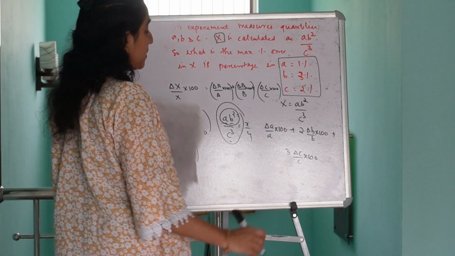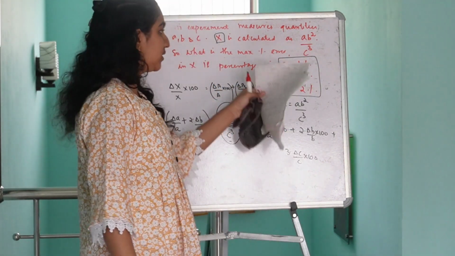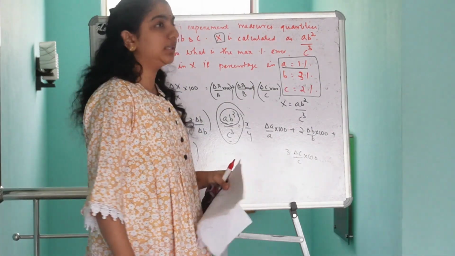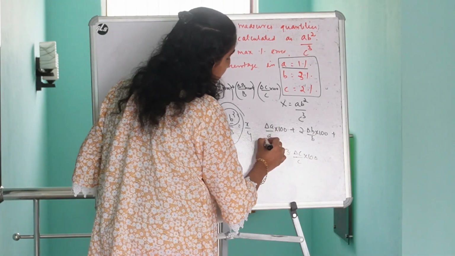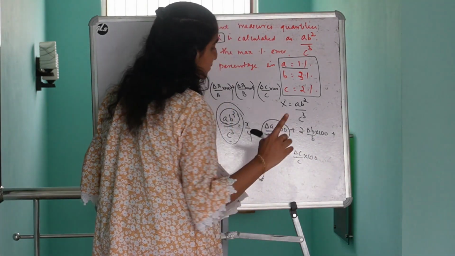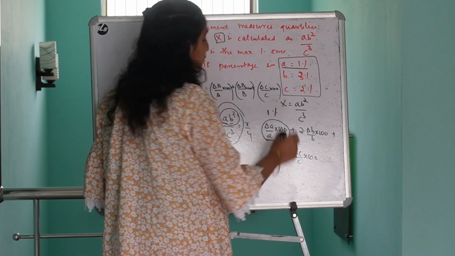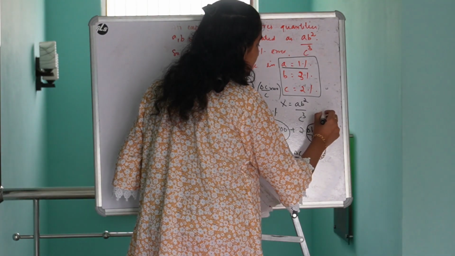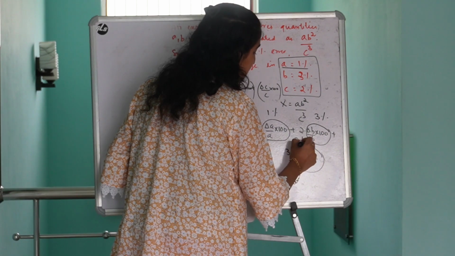Here you are given del A by A into 100, the percentage error of physical quantity A, the percentage error of physical quantity B, and the percentage error of physical quantity C. So here you have to substitute the values directly: del A by A into 100 is 1%, del B by B into 100 is 3%, and del C by C into 100 is 2%.